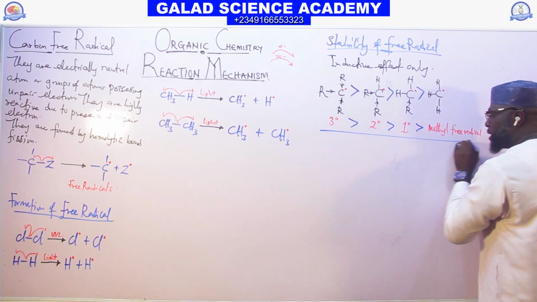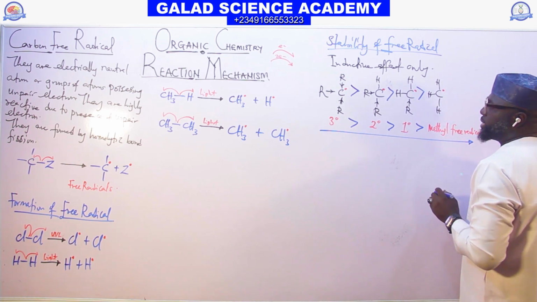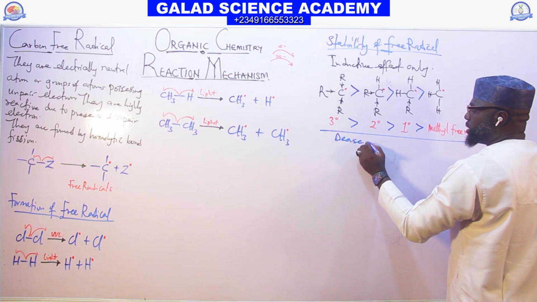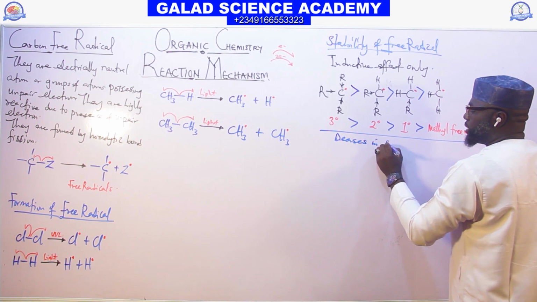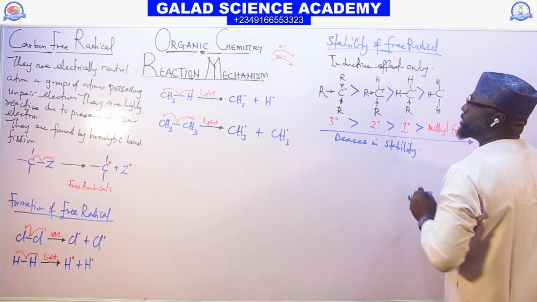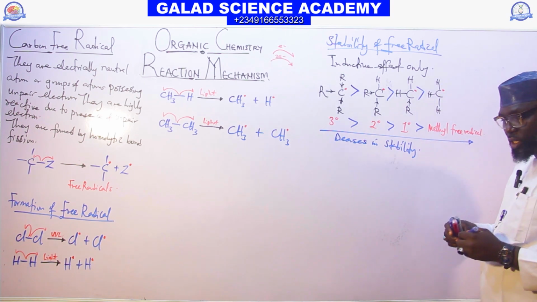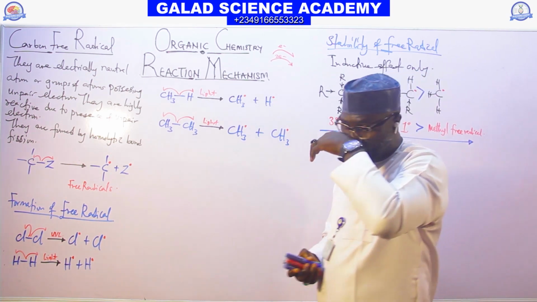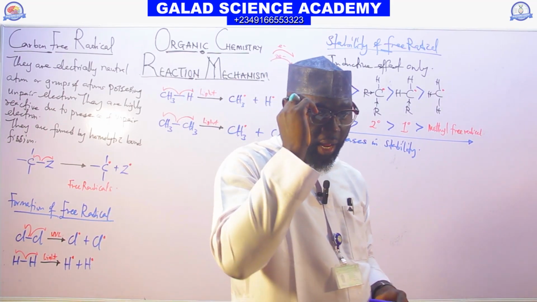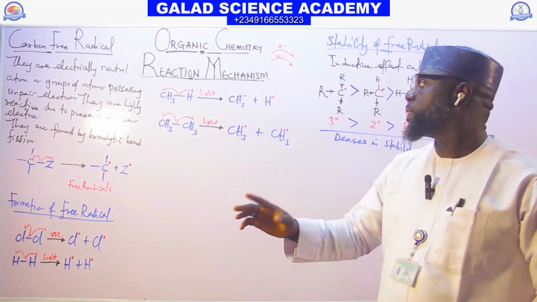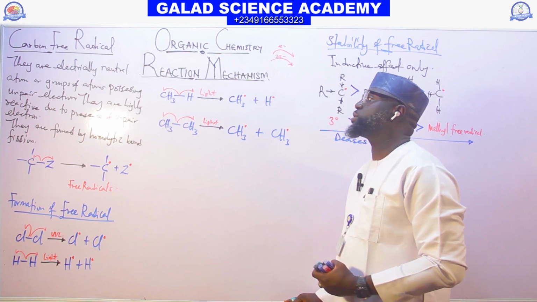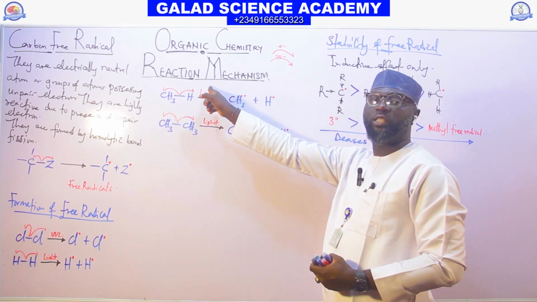This is the decrease in stability. Good. So that is all about the stability of carbon free radicals. The next thing that I'm going to treat is types of reaction mechanism.